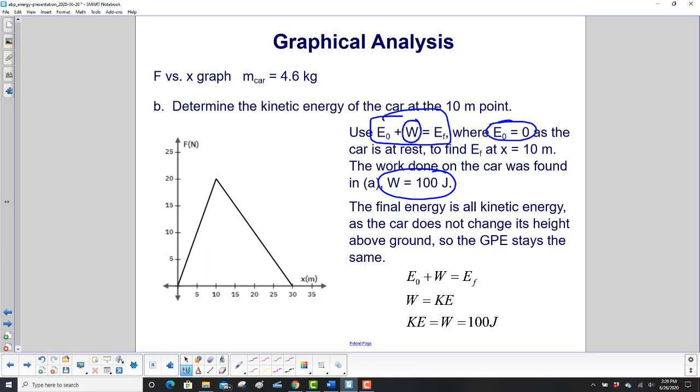The final energy is all kinetic energy. We didn't talk about the car changing height at all, so we'll assume it's at the same height the whole time. Because the initial energy is 0, the kinetic energy equals the work. So it's 100 joules.